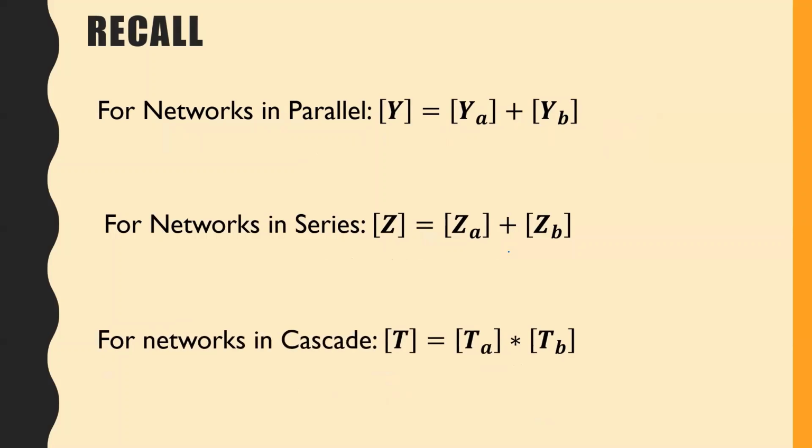And if they are in cascade, it's the product of the transmission parameters. Again, students, it doesn't matter which set of parameters you have, because you can always convert from admittance to impedance to transmission, from hybrid, you name it.